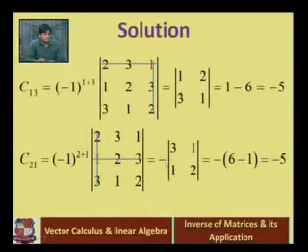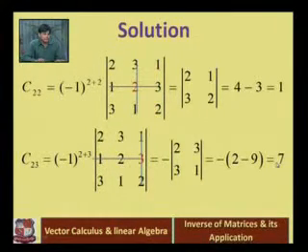Here minus comes from this minus 1 raised to 2 plus 1, and solve this determinant by cross product of these two things, that is minus 6, and cross product of these two, that is 1, and by solving we get the minus 5.